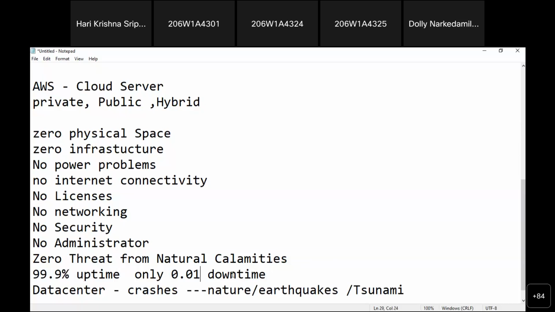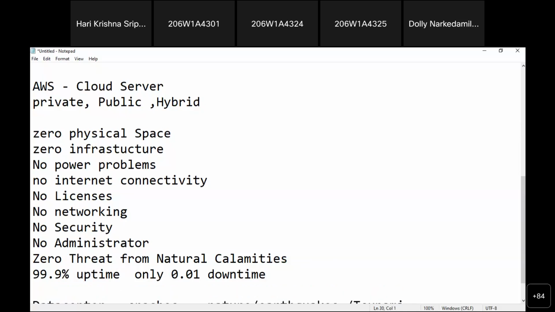So basically what Amazon says is 99.9% SLA. Remember this point, SLA. SLA stands for service level agreement, right?